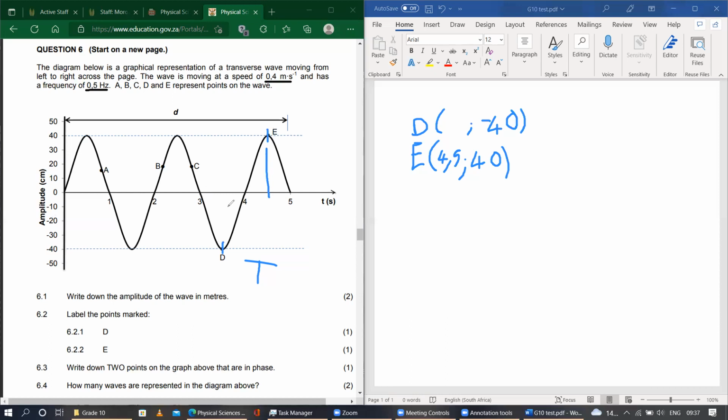If it takes 2 seconds to complete a wave, it takes 0.5 seconds to complete a quarter wave. So you just take 4 and add that 0.5. Then D is also going to be 3.5.